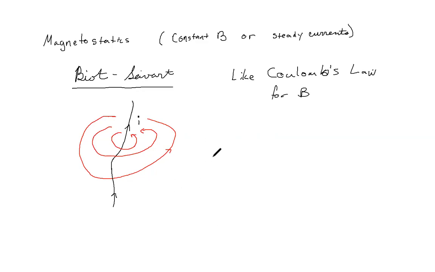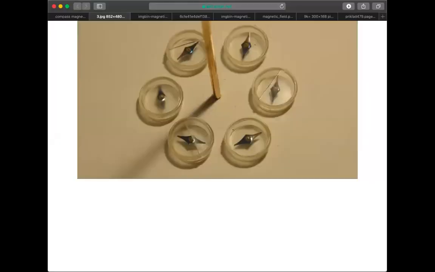Now this is an experimental fact. One of the ways you can discover this is, if you have a wire with a current flowing through it, just place little compasses around the wire and you'll see that the needles of the compasses follow the magnetic field lines. If we were in person, we would do exactly that. But because we aren't in class in person, I'll show you this little snapshot.